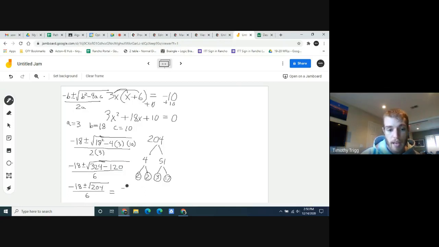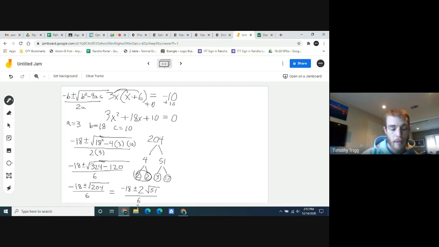So we have negative 18 plus or minus, and this double 2 comes out of the square root as a single 2. And you'll be left with a 3 and a 17 on the inside. Multiply those back together, that's 51. There's no doubles here because these are different things. So that just stays inside.